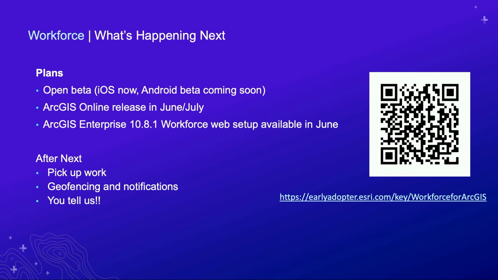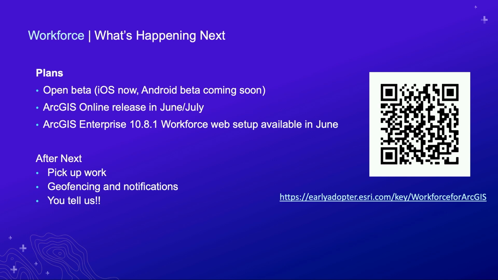And while they're at that location, grab it, assign it to themselves, and complete that work before the day ends. Across our field apps, we have a lot of exciting work ahead of us.